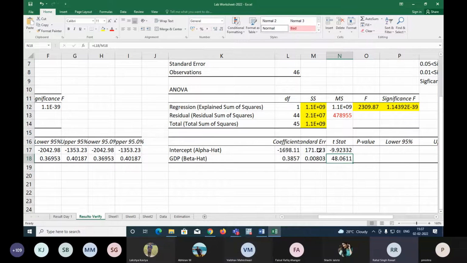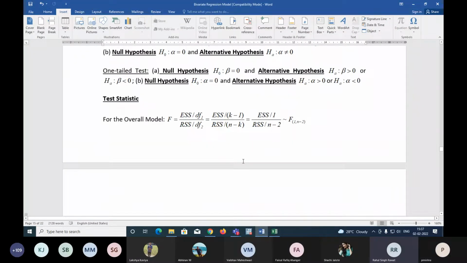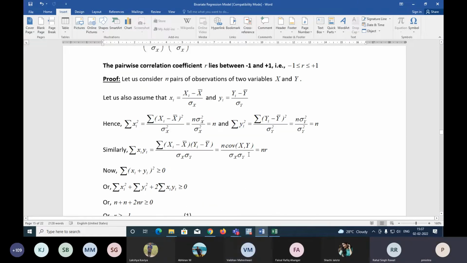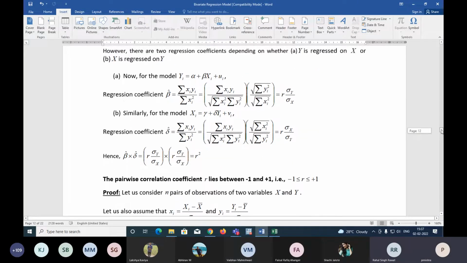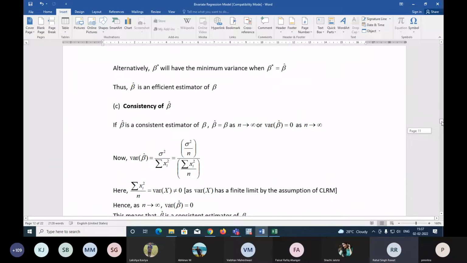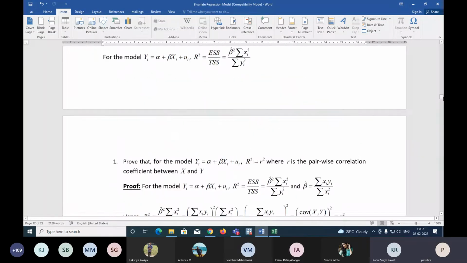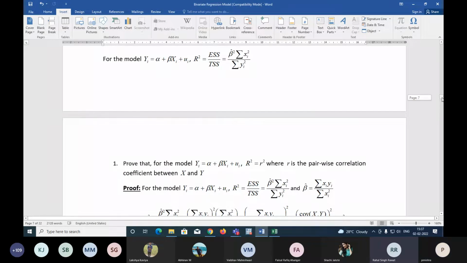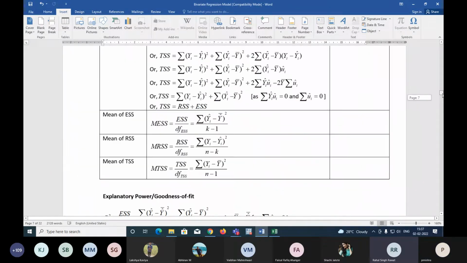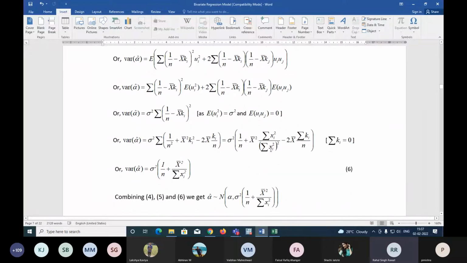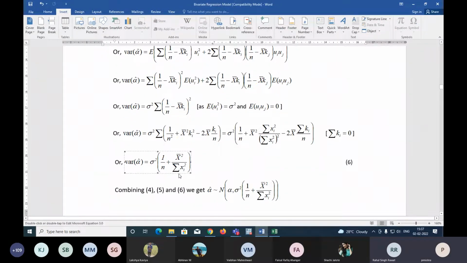If you see the formula for variance of alpha hat, can you recall what formula we derived for variance of alpha hat? You see, this was the formula.